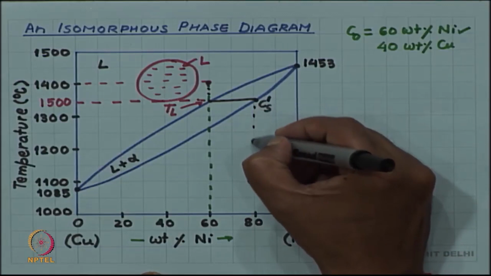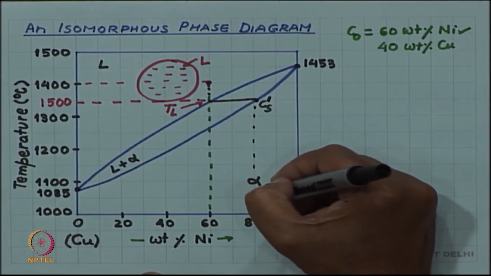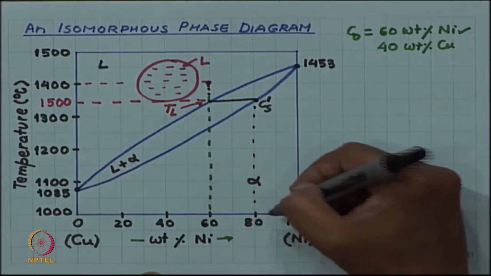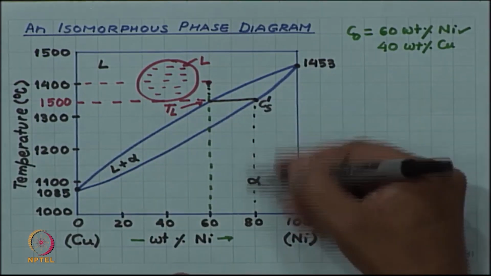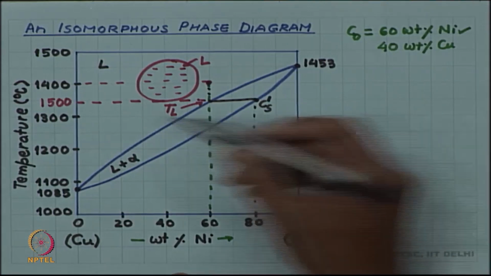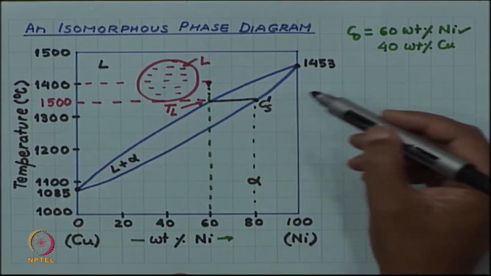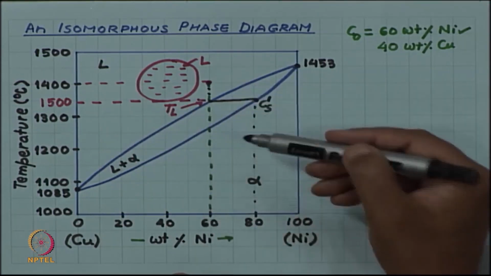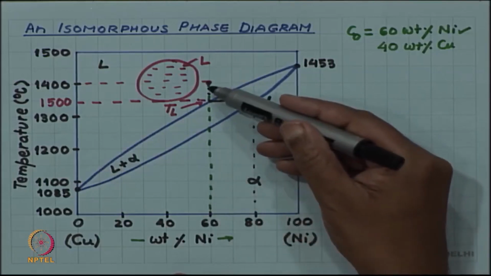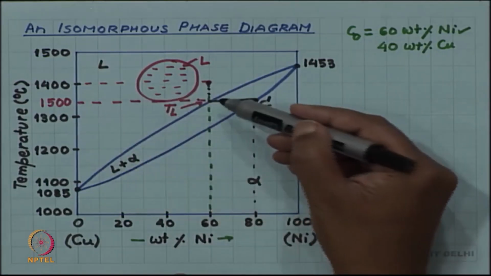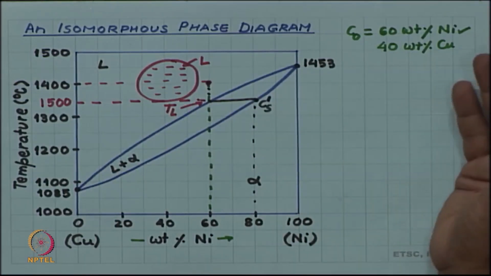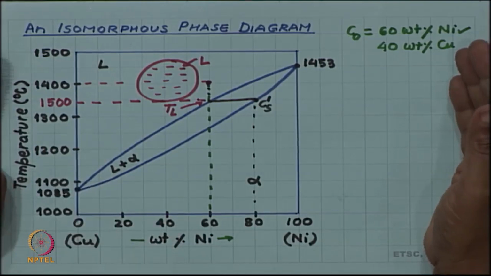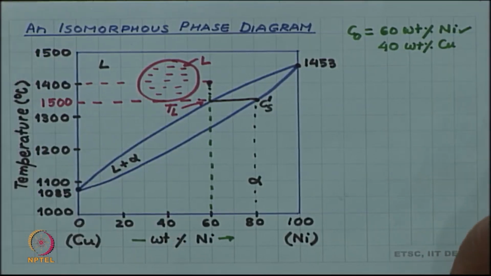In this diagram you can read, I am not intending to tell you that this is exactly right, because I have drawn this phase diagram by hand. So, these compositions and these temperatures I am using as examples. It is not that in the actual phase diagram for a 60% alloy 1500 degrees Celsius is the exact liquidus temperature. So, you have to see the real published phase diagram which is available in textbooks and manuals and nowadays on the internet also.